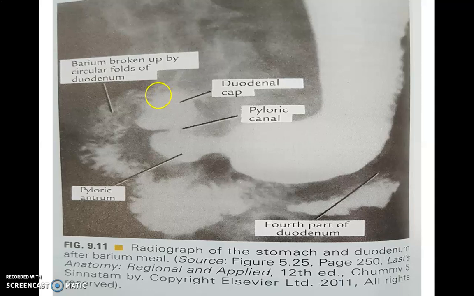Also, the first part of the duodenum is more prone to peptic ulcer, as all the gastric contents or acid contents directly enter the first part of the duodenum. That's why peptic ulcer is common in the first part of the duodenum.